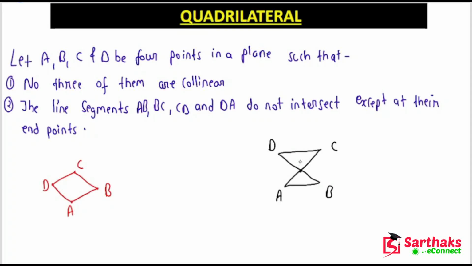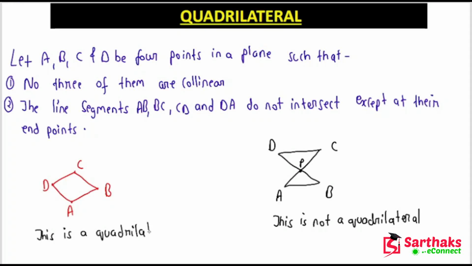Clearly this point, let me call it P, is not an endpoint of any line segment. This is not a quadrilateral. Why? Because it does not follow the second condition. This is a quadrilateral.